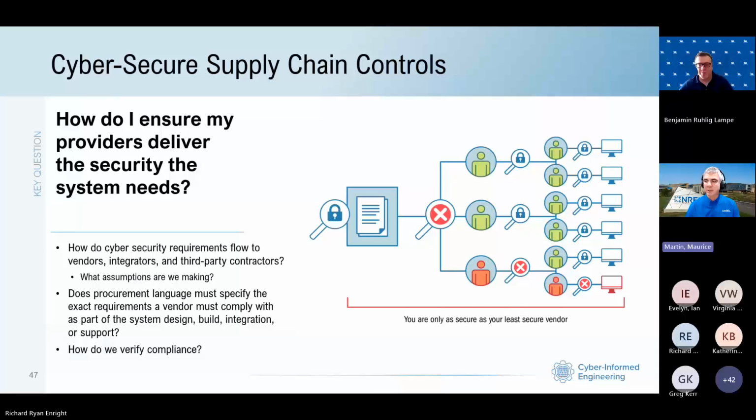I think doing so can be very informative and can also give you a spot to work from if you are going to go back and verify those assumptions. You may find that they are not what you thought, and at that point you can have a discussion with your vendor to see if you can move them more in that direction.